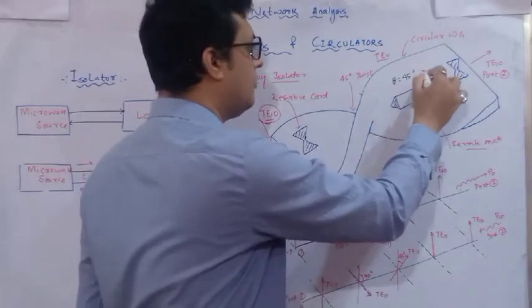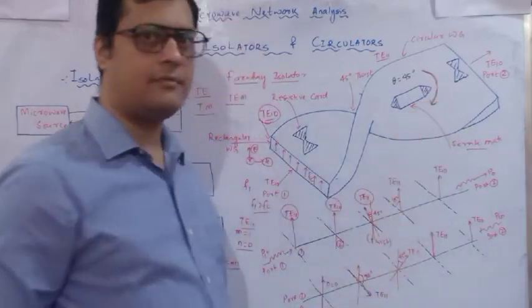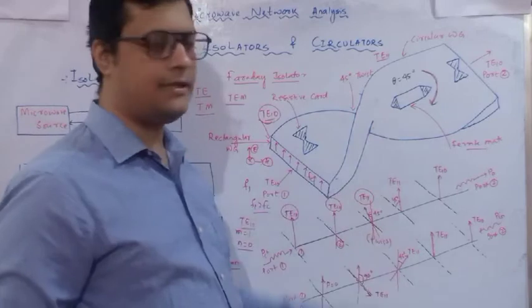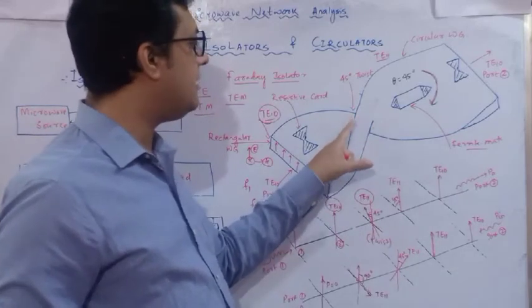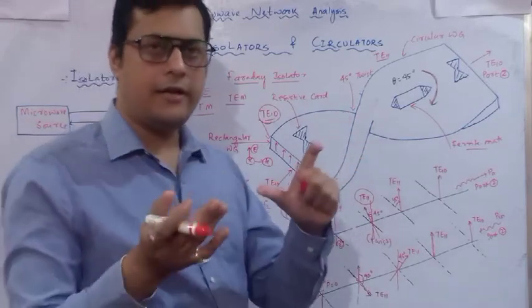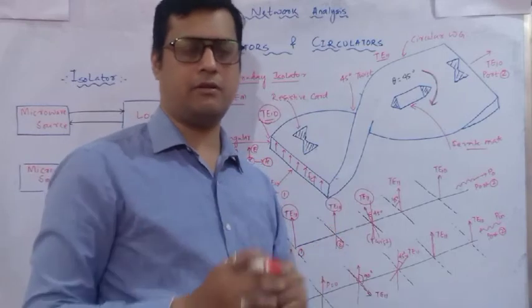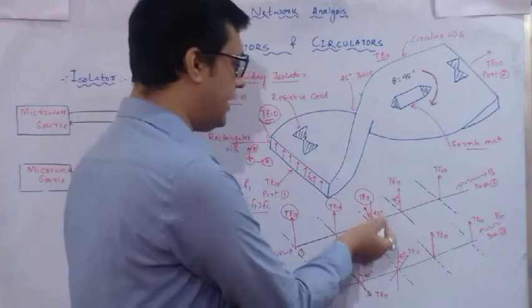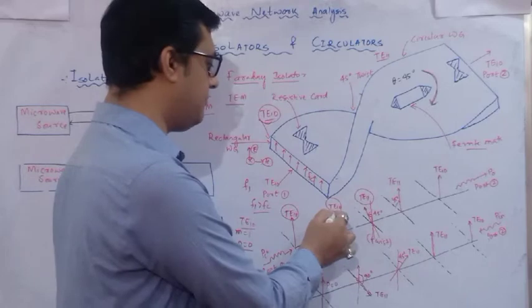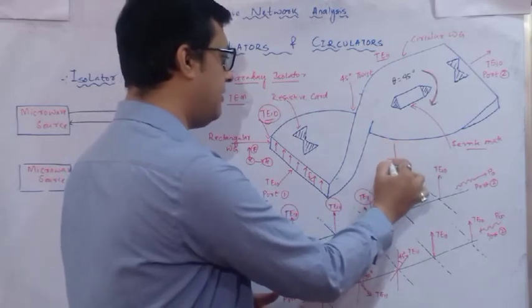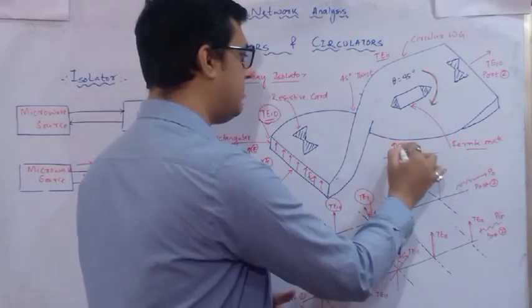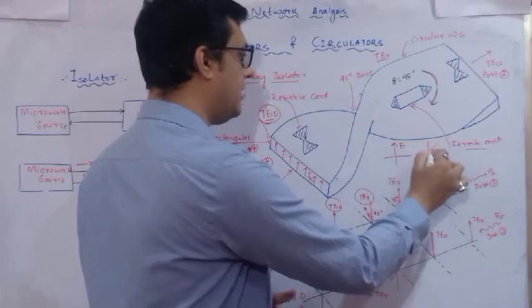Now it is moving in the clockwise direction. Remember that the twist is counterclockwise, so here it is rotating anti-clockwise. Initially the position is this, if this is my electric field, so it will rotate.